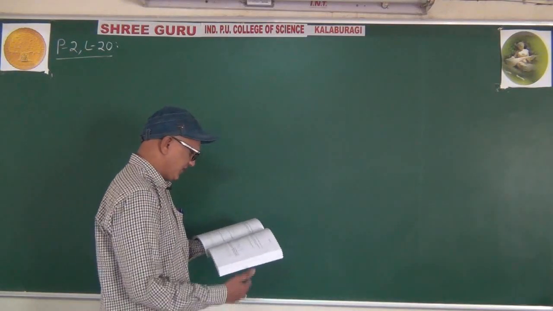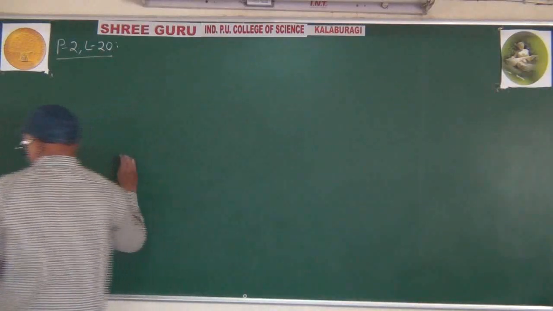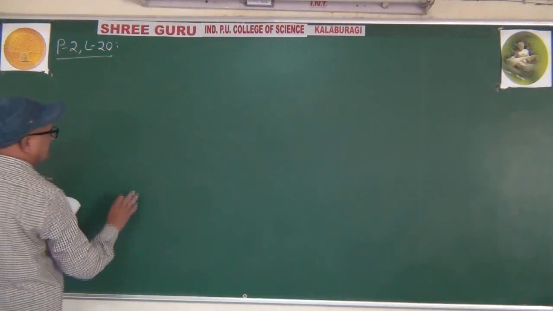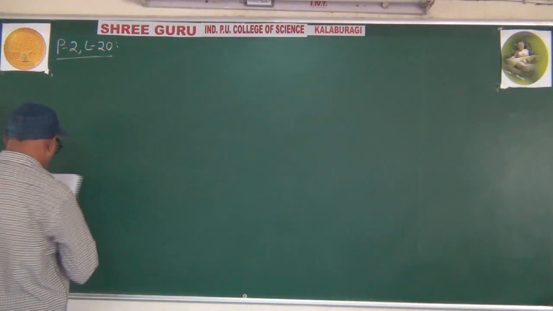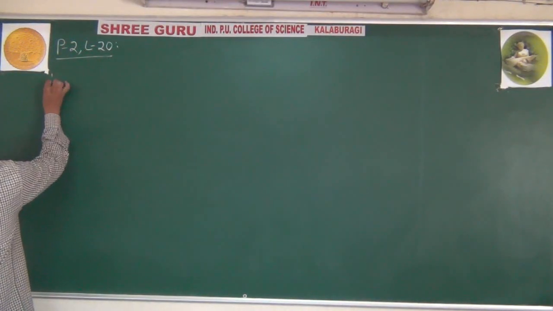Fourth property or the fifth property. Property is lengthy. Example is very easy, a very small example.